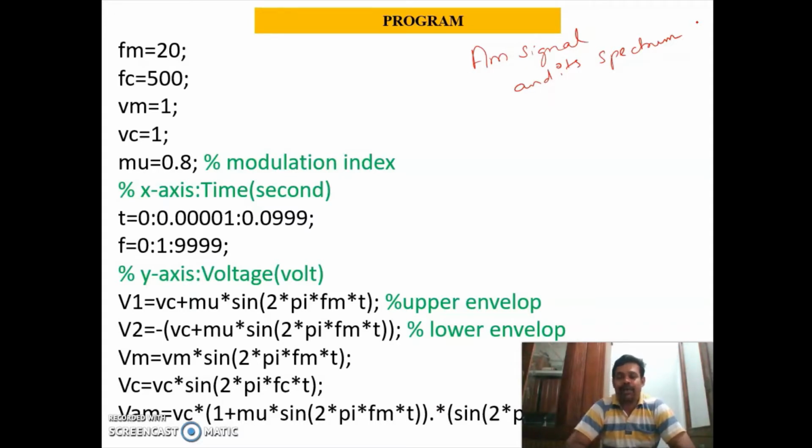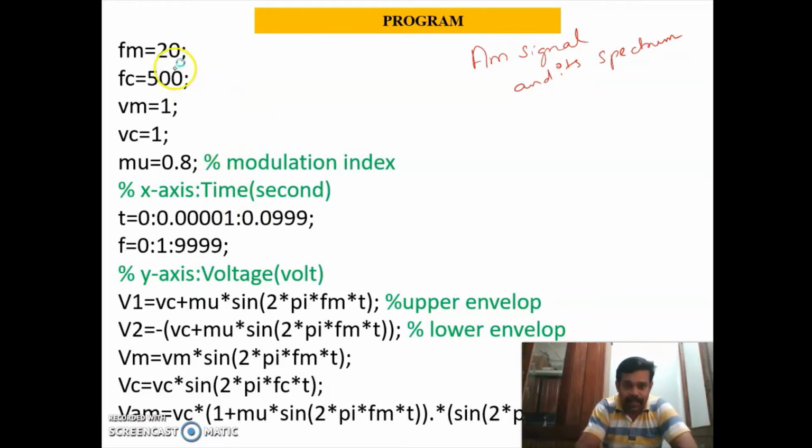First we are going to define the frequency of the modulating signal, amplitude of the modulating signal, frequency of the carrier signal, amplitude of the carrier signal, and the modulation index.